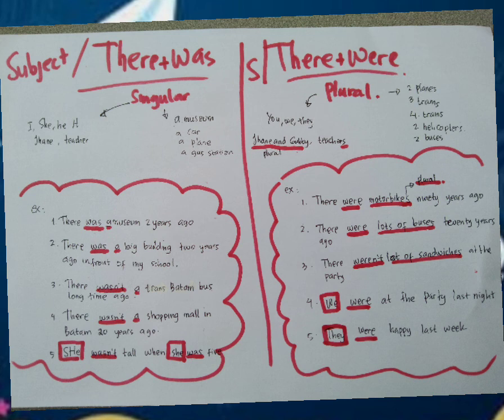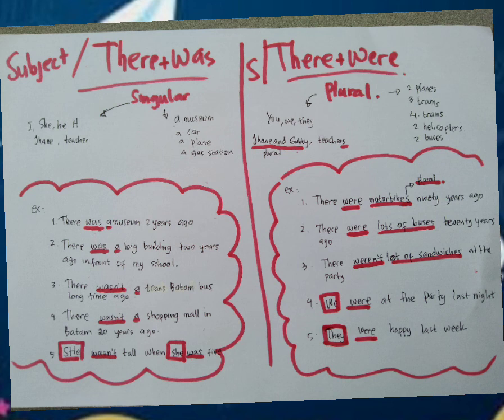And what about subject plus was and subject plus were? Subject plus was we use for a singular subject. What are singular subjects? They are she, he, it, Jim, and teacher or cat without S at the end. That means singular.